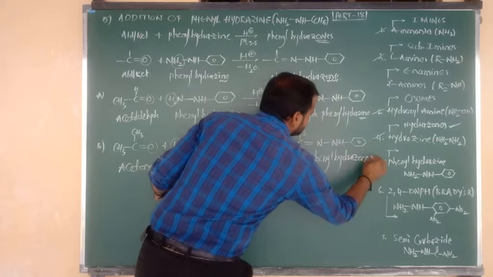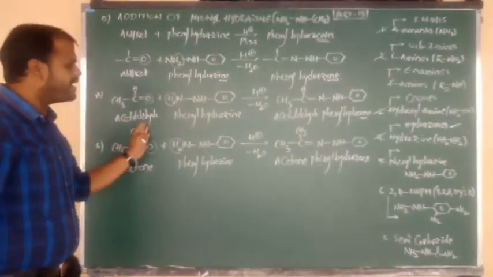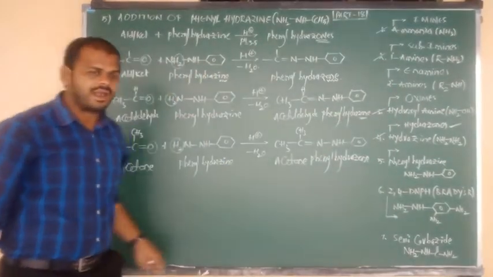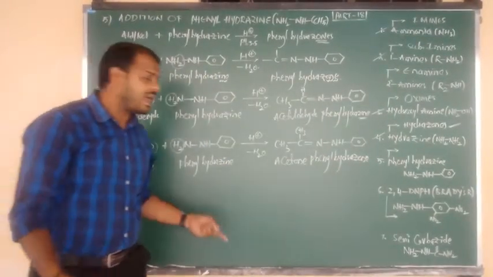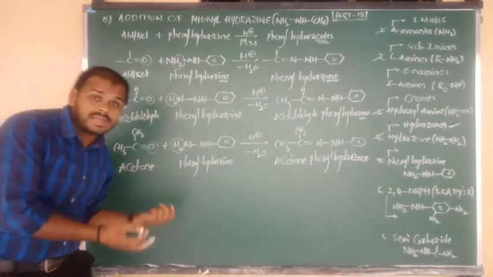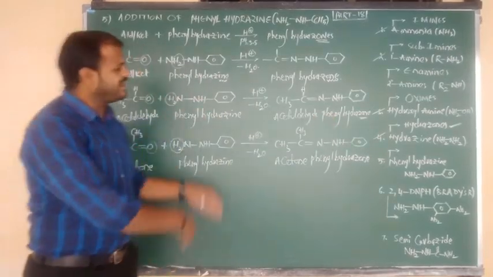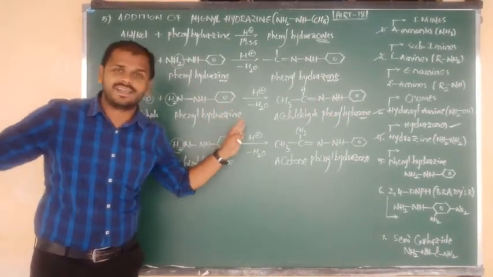Like that, above product is coming from acetaldehyde, so we have to say acetaldehyde phenyl hydrazone, and this is from acetone, and the product is nothing but acetone phenyl hydrazone. And sometimes the product may be benzaldehyde, then we have to say benzaldehyde phenyl hydrazone. All 4 to 5 examples we can write now.